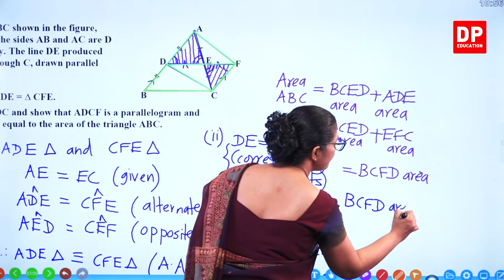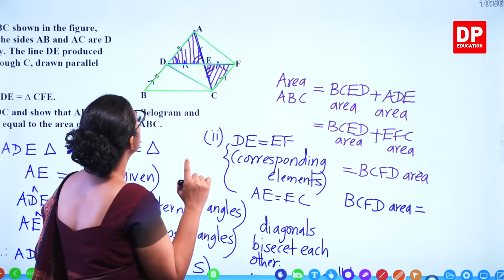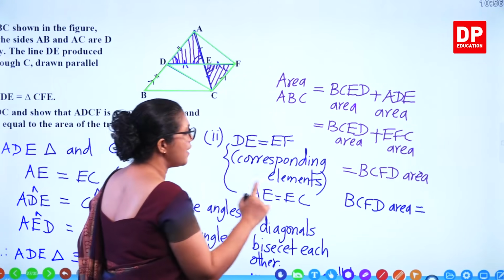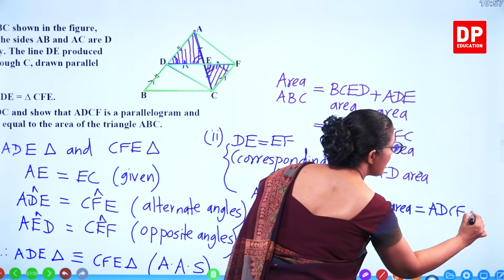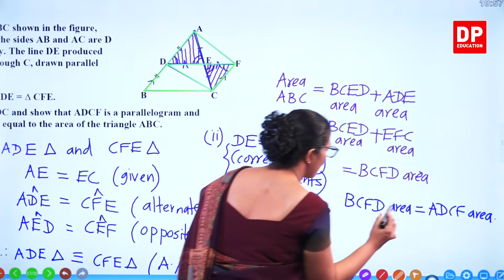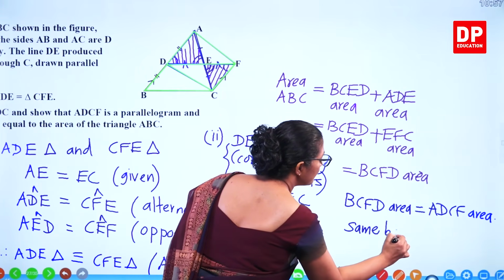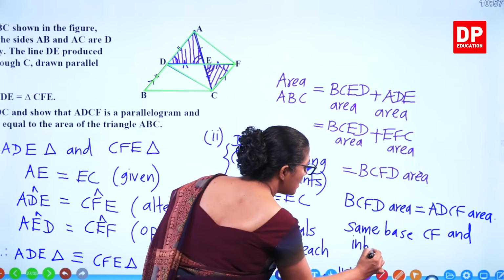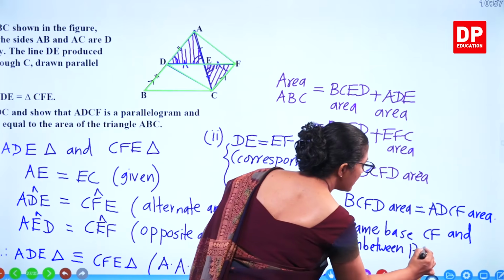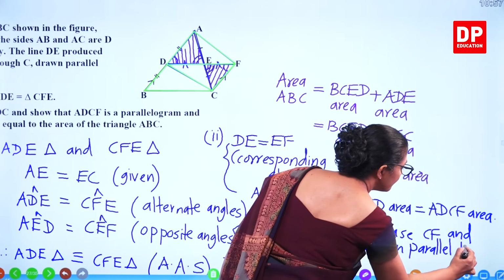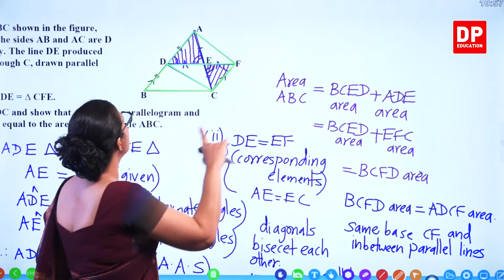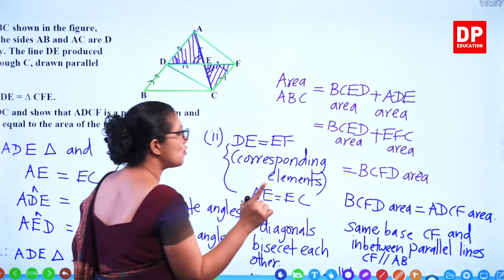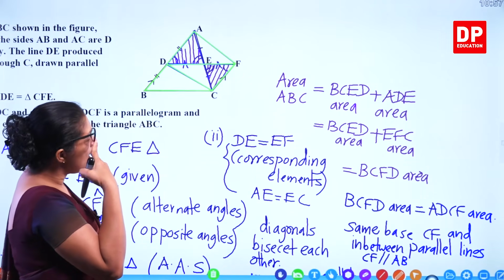So because of that you can write the BCFD area is the same as the ADCF area because of the same base CF and in between parallel lines CF and AB. So these are equal.